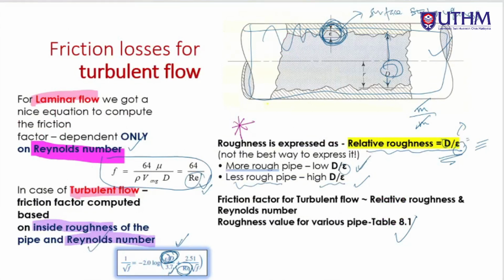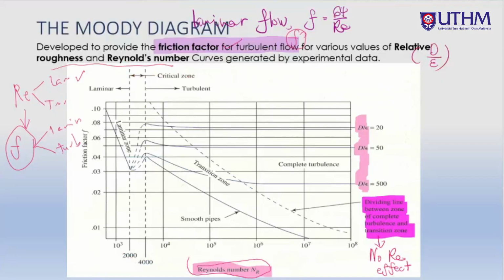Okay, saya tulis balik kat sini. Relative roughness dia. So usually from the question, kita akan dapatkan Reynolds number, kita akan dapatkan relative roughness. Lepas tu baru kita akan dapat dia punya value of friction factor dia, in which on the left hand side here.